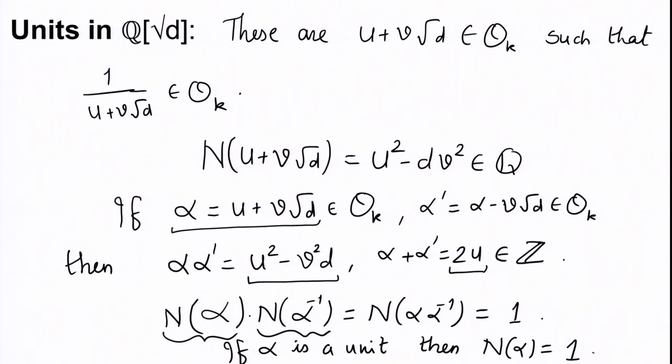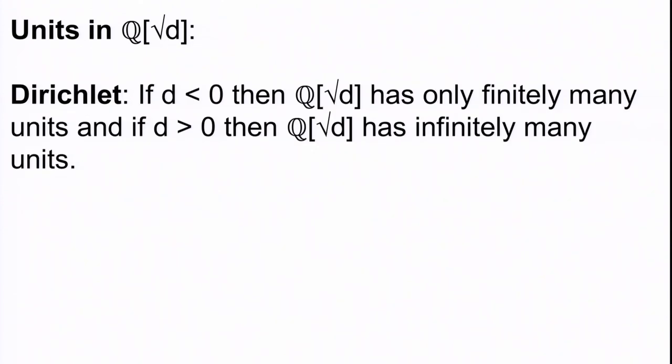So, whenever you have a unit in Q root d, u square minus v square d should be equal to 1. This is the description of the units in Q root d.